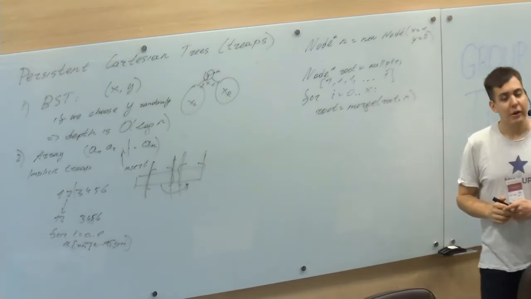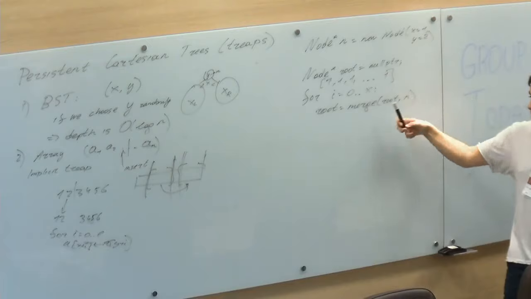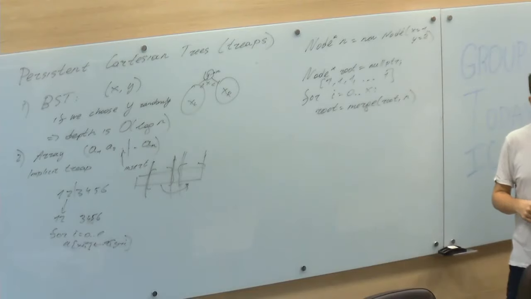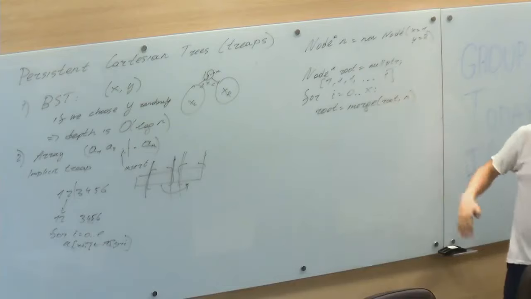So how do you think the tree looks for this operation?